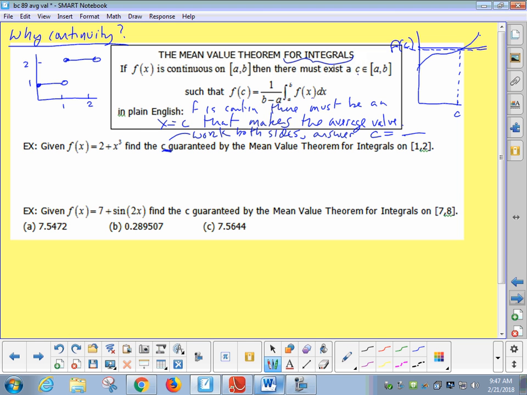I know that 2 plus x cubed would pass through a y-intercept of 2 and go like that. And at 1, what's the function value? 3. And what's the function value at 2? 10.